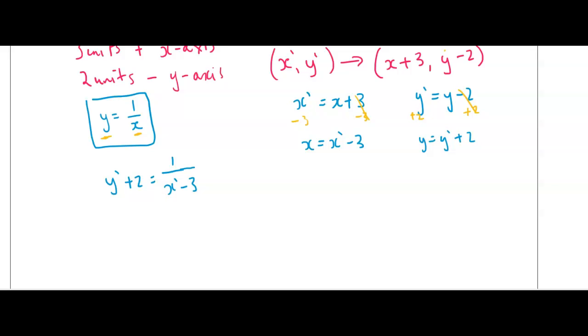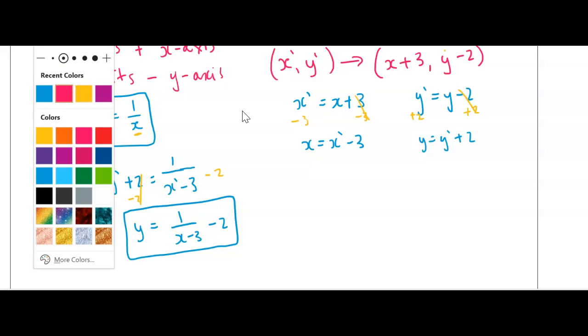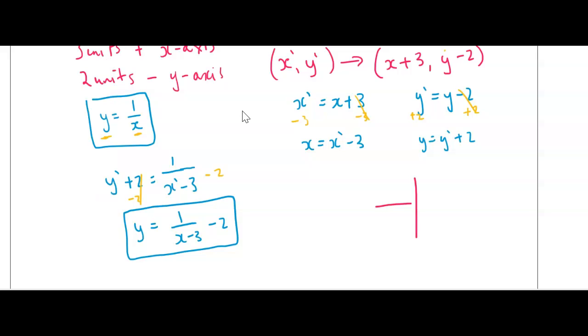Just rearranging now, we've got y equals 1 over x minus 3, minus 2. You'll notice I've dropped the dash on the x and the y. That's because for our image we don't need to put that in. All right, so that's our new equation, and it's 1 over x translated 3 units to the right and 2 units down.